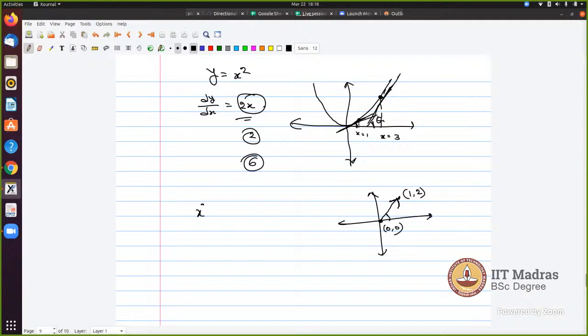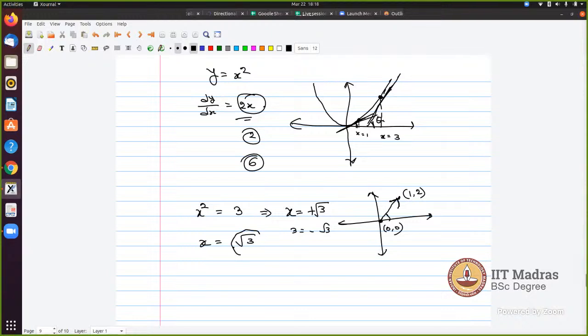There is a difference between x square equal to 3 and x equal to root 3. Here we have two solutions: x equal to plus root 3 and x equal to minus root 3.